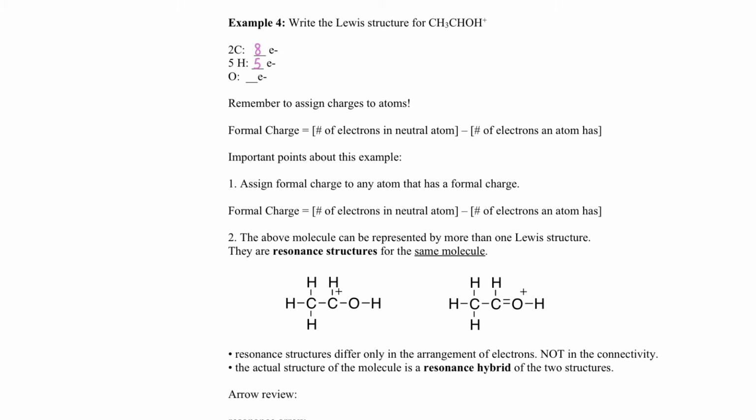And 1 oxygen, that's 6 valence electrons. So in total, that's 19 valence electrons minus 1 for the positive charge. So that's 18 valence electrons total. You can try to do this, the GenChem method.